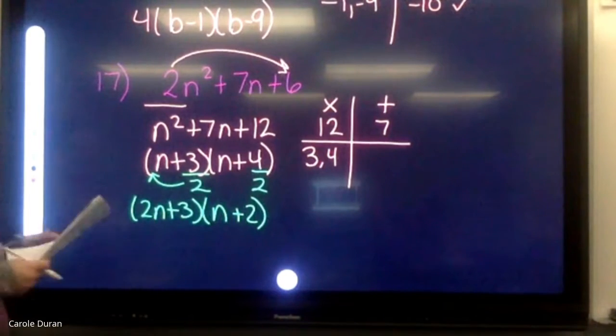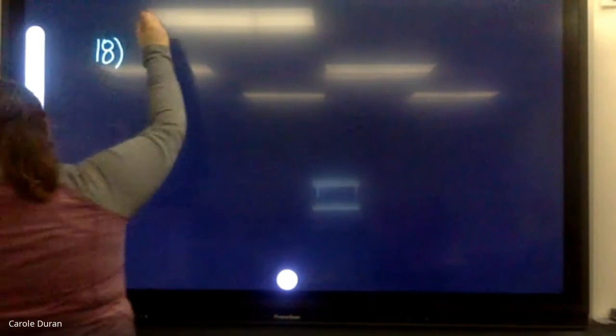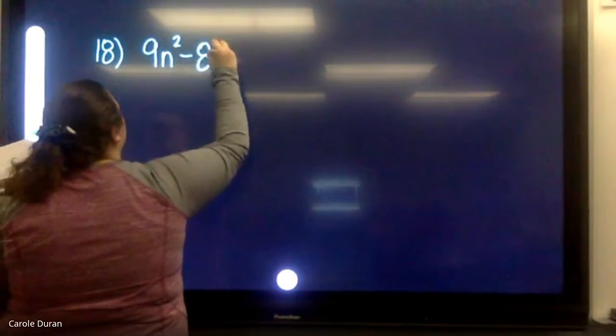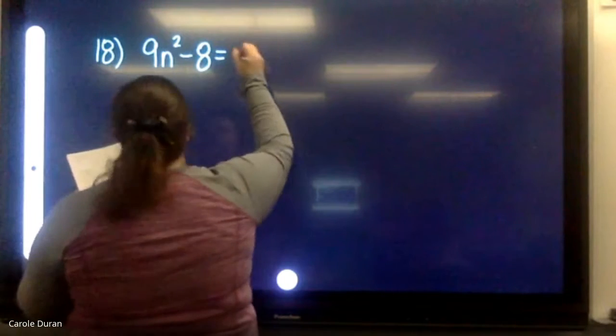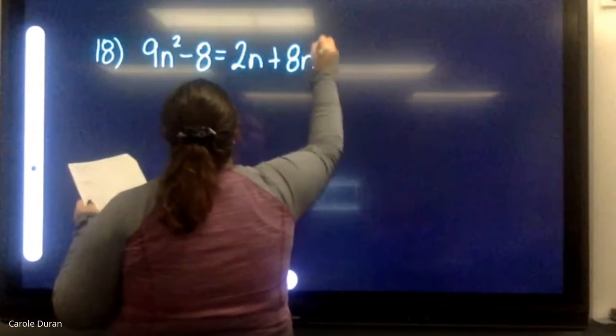Okay, question 18. You have to reduce those fractions when you have a factoring one. Yes. Every time I see the word quadratic, I always think I have to use it.